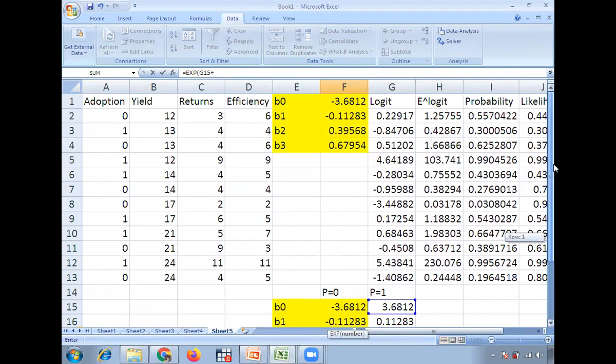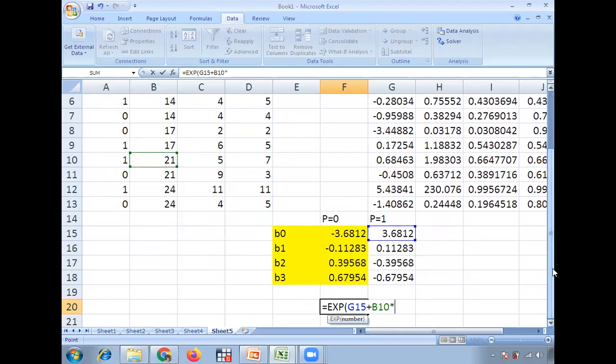We have to see if the farmer is obtaining a yield of 21 quintals. We are selecting the intercept, and if the farmer is obtaining a yield of 21 quintals into the coefficient of the first independent variable.